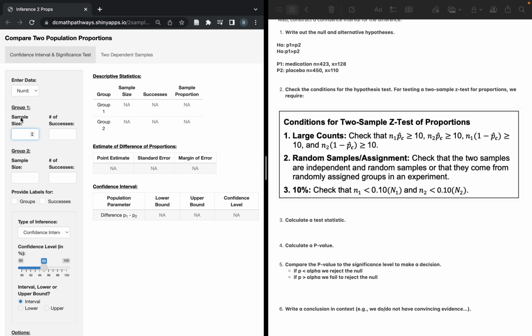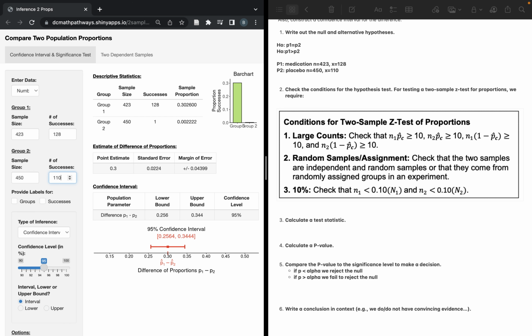So for our group 1, we have that the n was 423, and our number of successes was 128. And then for the sample size for group 2, we had 450 people, and the number of successes was 110.